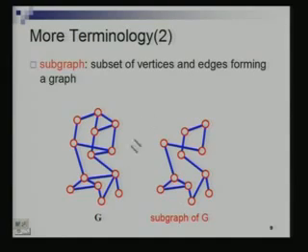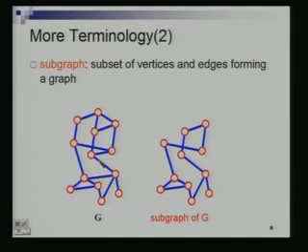So, I took 11 vertices from here. There are 13 vertices in here, I took 11 of them and I took some of the edges between these vertices. I have not taken all the edges. As you can see, this edge is not here. This would be called a subgraph of this graph.